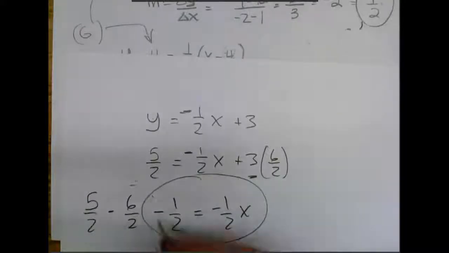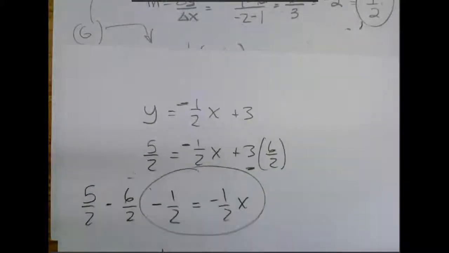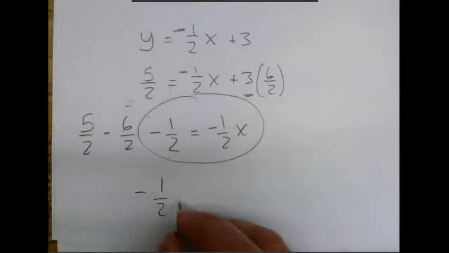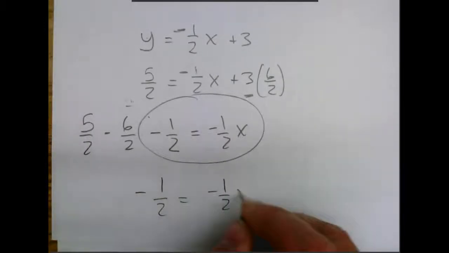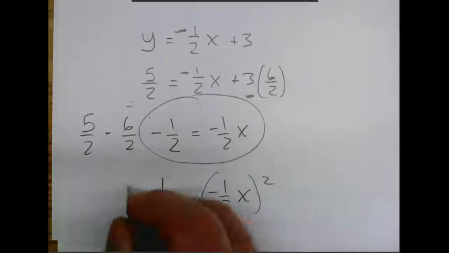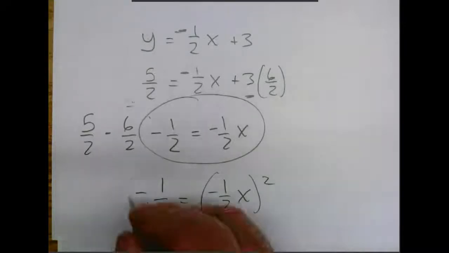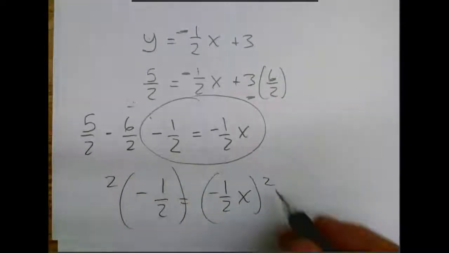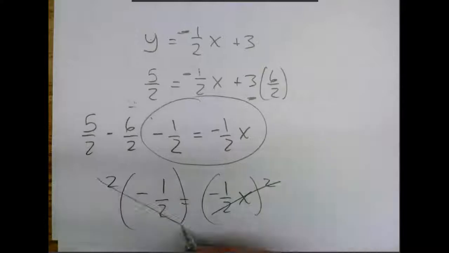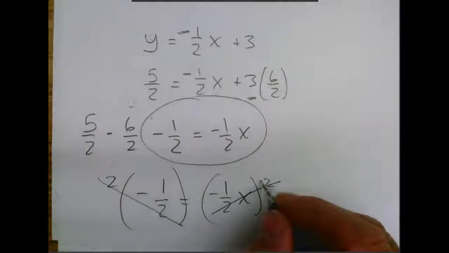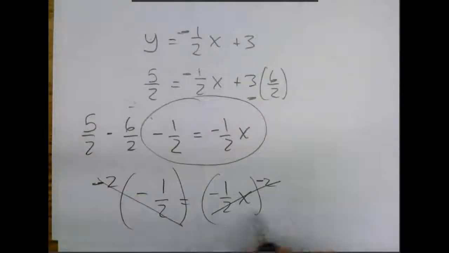Okay, and then I'm just going to multiply both sides by 2. And there you go. So then I'm going to make it a negative 2 actually, so I get rid of that thing there. So then I'm going to end up with 1 equals x.